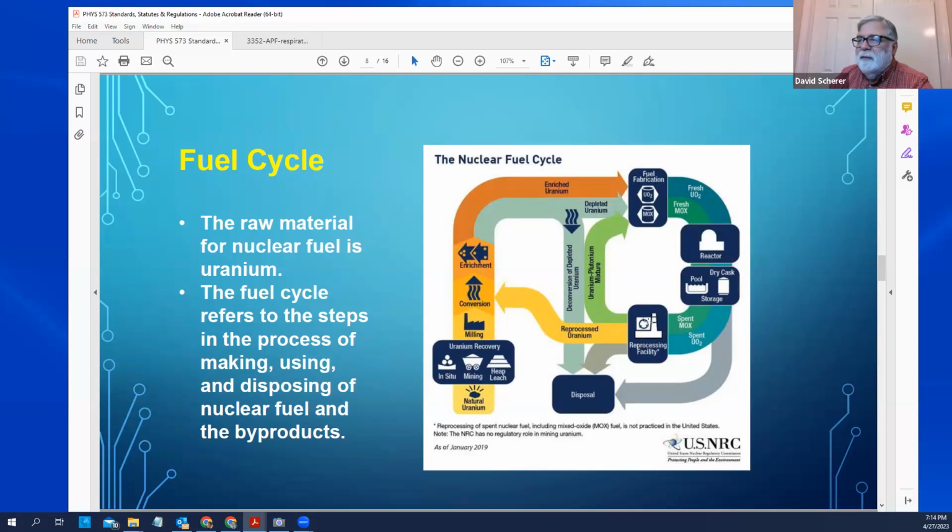The waste material, the byproduct materials that were produced originally, and any contamination that results in the plant, has to be disposed of. There's lots of contamination that occurs in nuclear plants. That material is sent for disposal, and so that's another part of the fuel cycle.